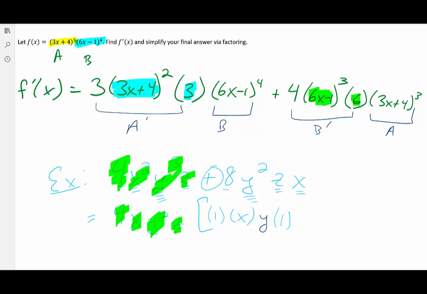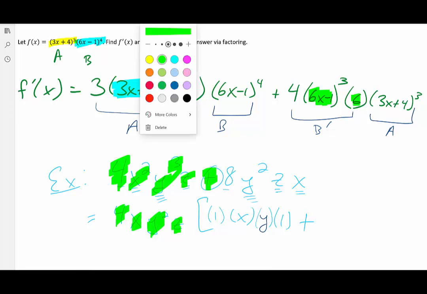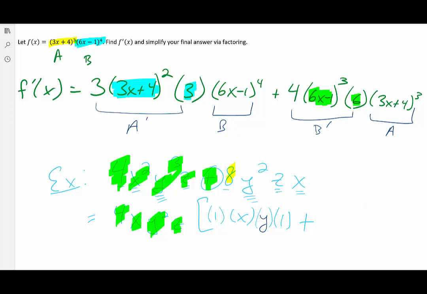Okay? Now we bring down our plus, and now we do the same thing on the other side of the plus sign. Let's get a different color. Let's do yellow. All right, I take 8 divided by 4. That leaves us with a factor of 2.